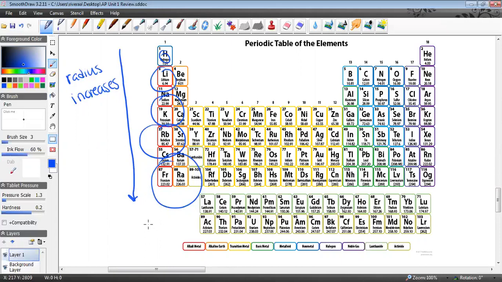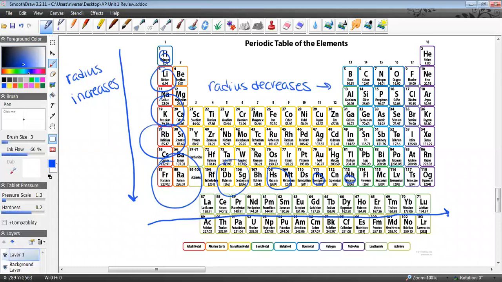When we go across the periodic table, radius decreases. And the reason why radius decreases when we go across is because we are increasing the number of protons without increasing the principal energy level.